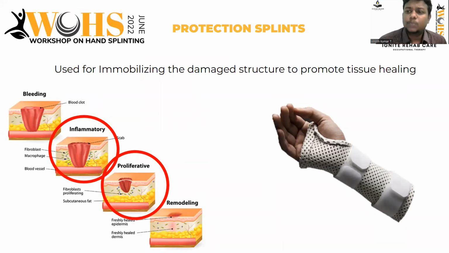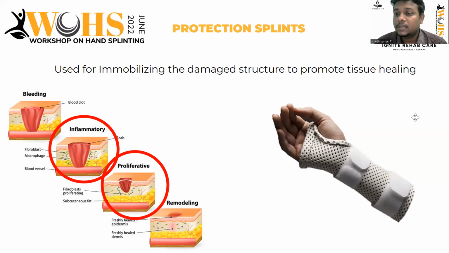What are protective splints? These splints are used for immobilizing the damaged structure and to promote tissue healing, for example the casts that you do.